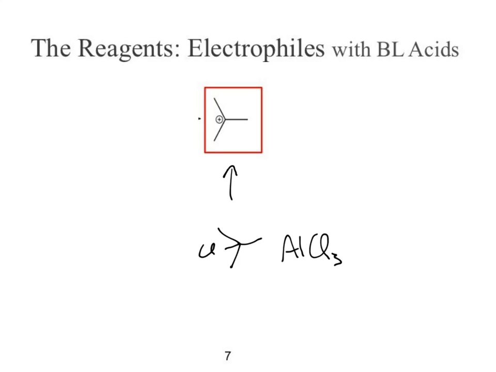One problem with that, the title says Bronsted-Lowry acids. What catalyst did you put in? This is a Lewis acid, not a Bronsted-Lowry acid. So while this is a possible way to get that, there's another way. How else can we make that while using a Bronsted-Lowry acid?